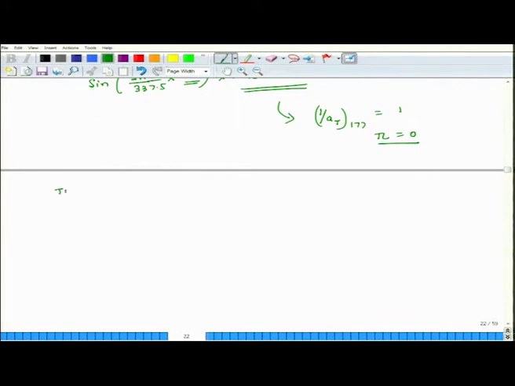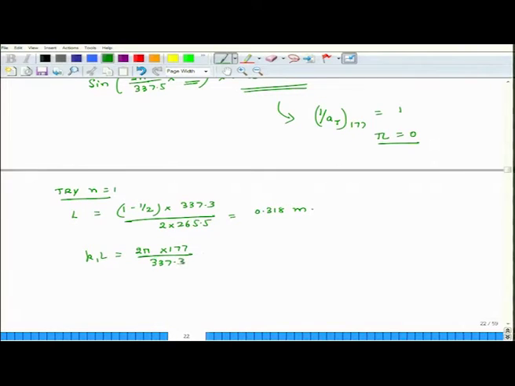So, now we try n is equal to 1. In this case L is equal to (1 minus half) into 337.5 divided by 2 into 265.5, and that comes out to be 0.318 meters, and we find that k1L equals 2 pi into 177 by 337.5 into 0.318, and this works out to be pi by 3 radians or 60 degrees.